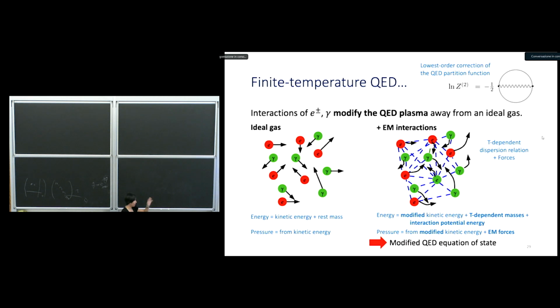So that's a very hand-wavy explanation. If you're interested in calculating diagrams, that's the lowest order QED correction to the QED partition function. That's this thing here. You can go calculate it.